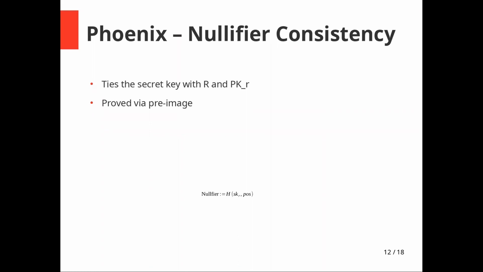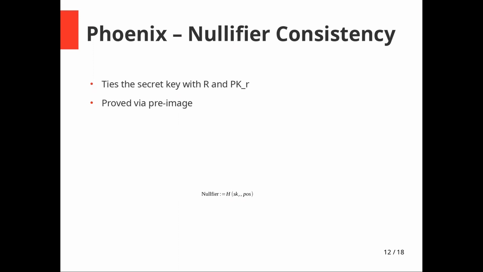So the nullifier consistency. The nullifier is just a hash with the SKR, the secret key related to R, and the position of the node in the Merkle tree. So this will basically guarantee that the PKR is generated for the owner of the node that's building the transaction and using that node as an input.